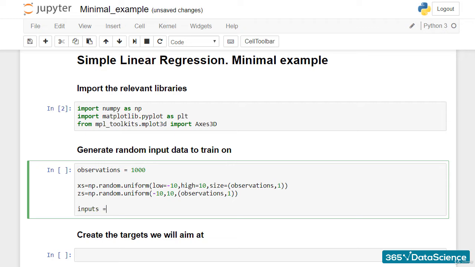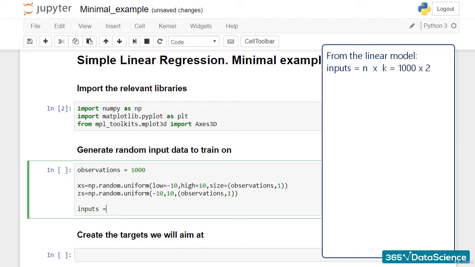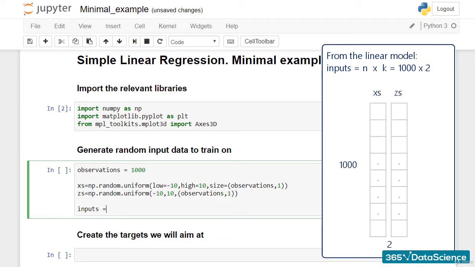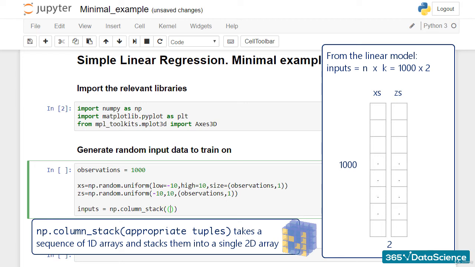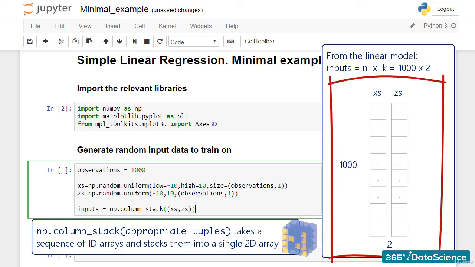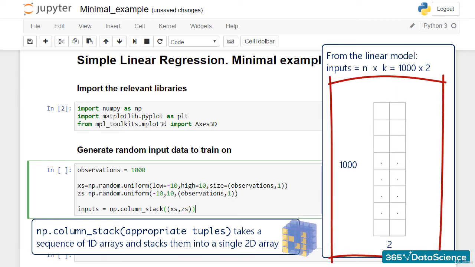As theory suggested, the inputs matrix will be of shape the number of observations by the number of variables, or 1,000 by 2. The appropriate method to use is np.column_stack. It literally stacks the observations into a matrix. This results in a matrix with dimensions 1,000 by 2.